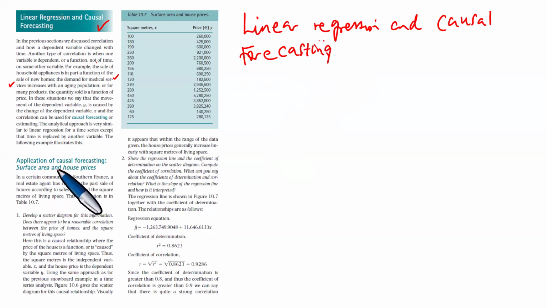Application of causal forecasting: surface area and house prices in a certain community. This is just an example. In a certain community in southern France, a real estate agent has recorded the past sale of houses according to sales price and their square meters of living space.